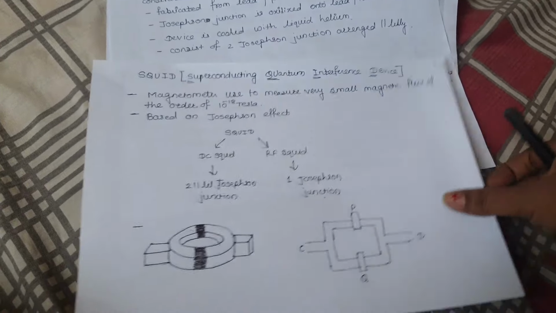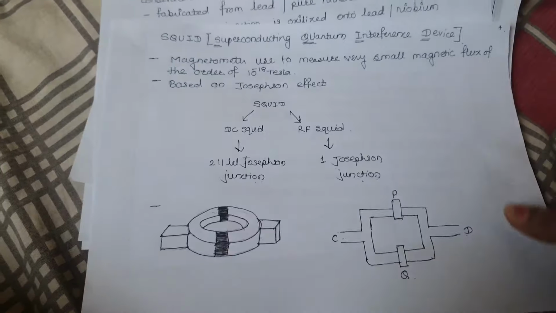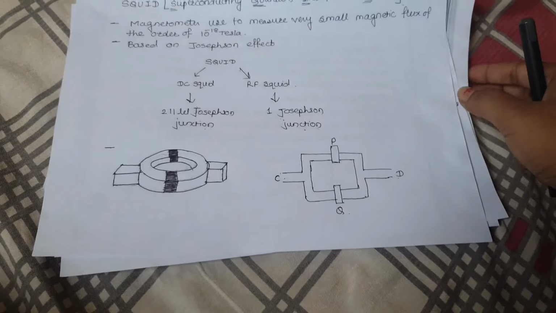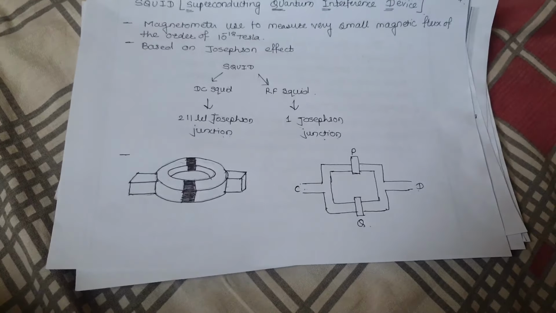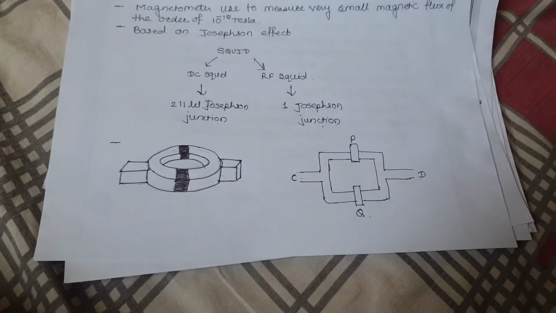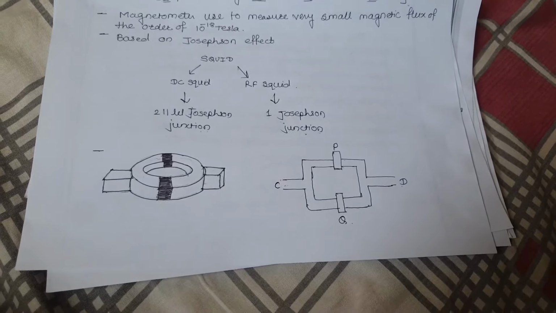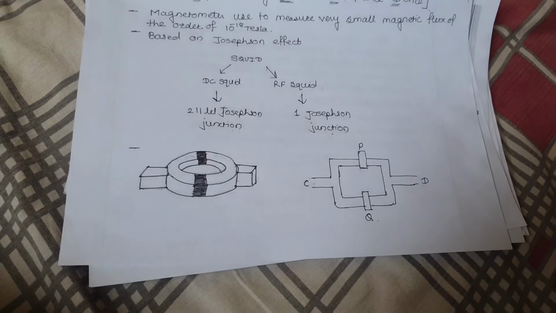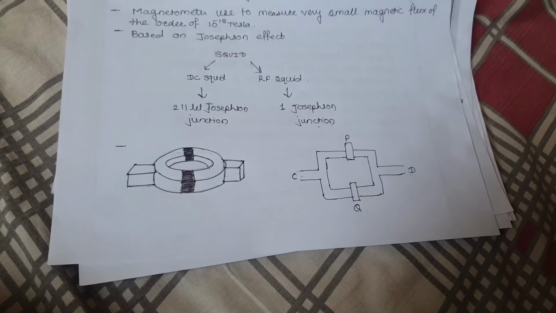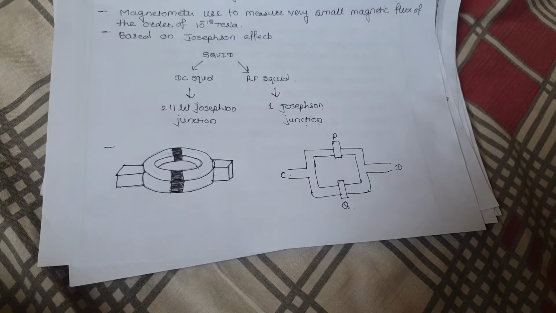Now the working of this SQUID. When a biasing current is given, or we can say when a constant DC supercurrent is applied, this current is called the biasing current.